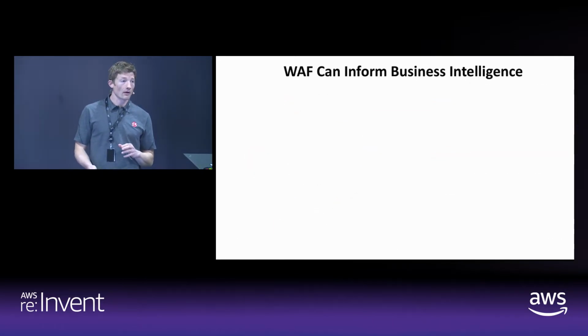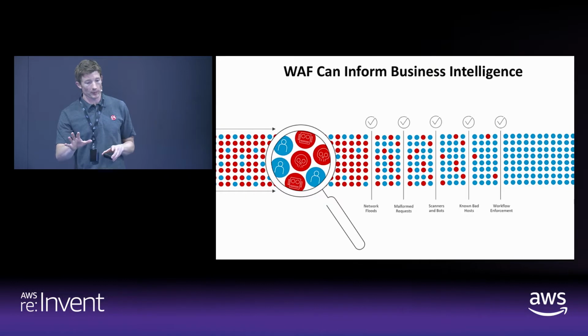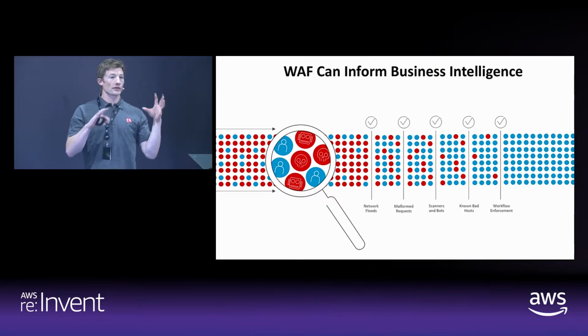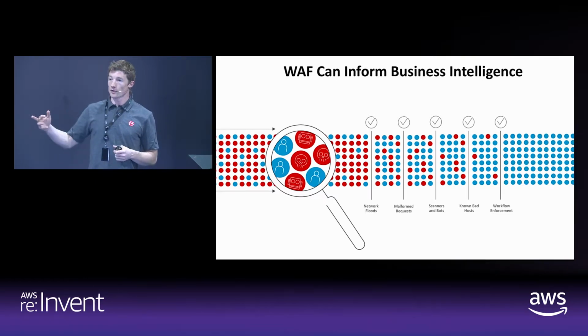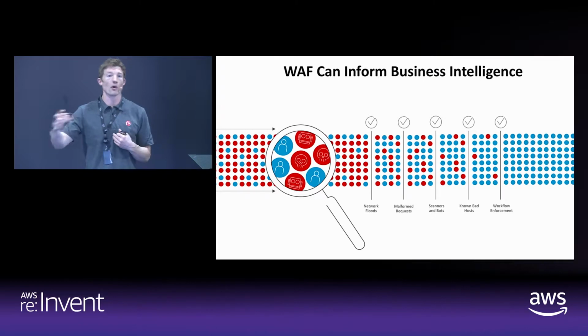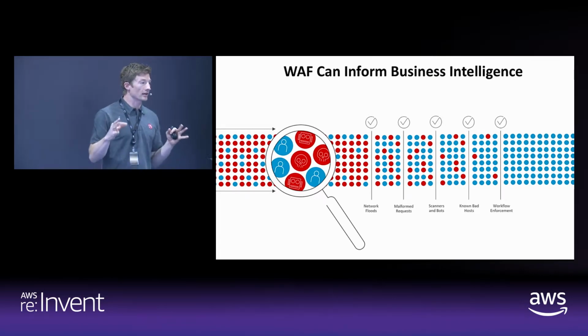Looking at this another way, tools like WAF can help inform your business intelligence programs. Looking at that model we took a peek at earlier, we're getting all of this stuff ingress. Some of it's good, some of it's bad, or dirty and clean, however you want to look at it. If we think about it in terms of oil, we have to refine oil before it's useful as fuel. Data is exactly the same way.